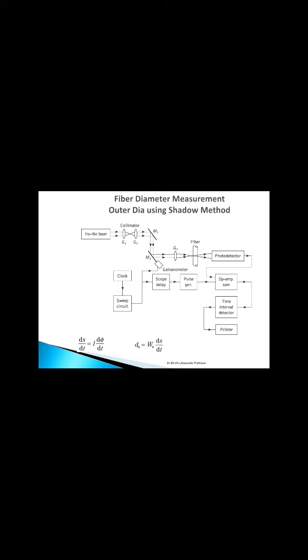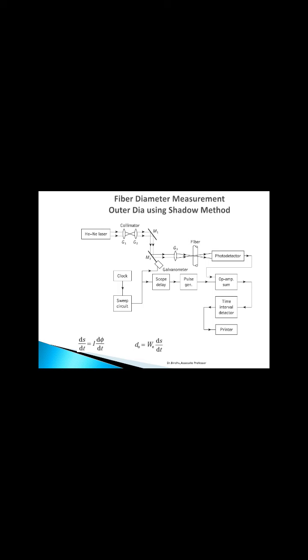The last parameter calculation is called the fiber diameter measurement. It uses the technique called the shadow method. In the shadow method, we use lenses which act as a collimator.